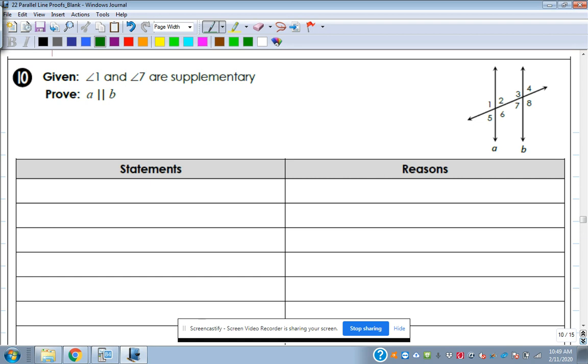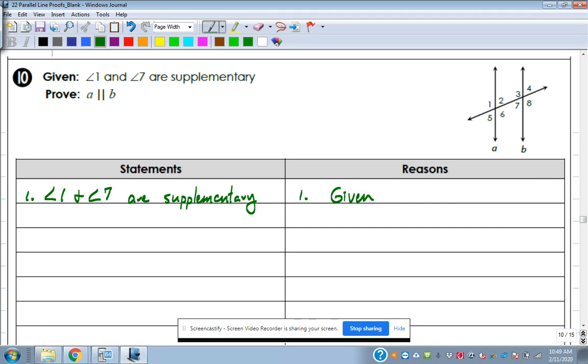Simpler picture here on number 10. 1 and 7 are supplementary. We want to prove that line A and B are parallel to one another. So we're going to prove the lines parallel. So angle 1 and angle 7 are supplements. Given.